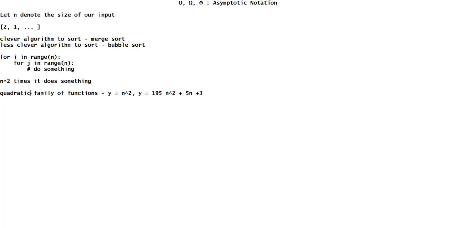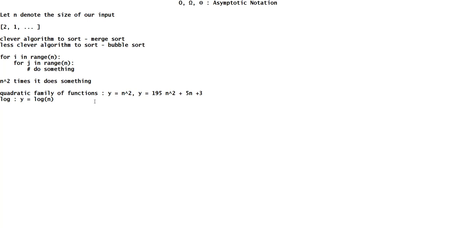And we remember from calculus class and high school math that some functions grow faster than others with respect to the independent variable. In this case, we have our independent variable n, right? So that's our input size. That independent variable n dictates how fast the function grows, and maybe a log function, so y equals log of n, grows much slower than this quadratic family of functions, right?